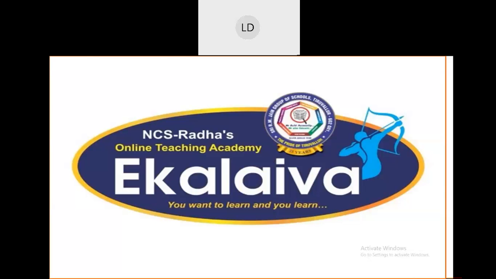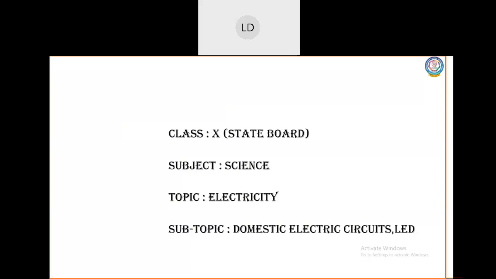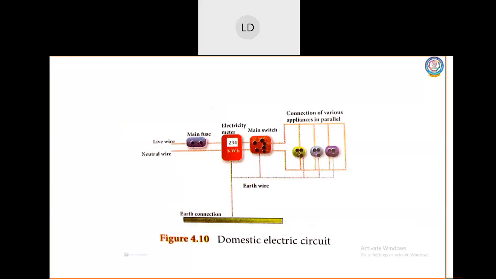Today we are going to continue with 10th science. The topic today we are going to cover is domestic electric circuits. In this we are going to see how electric circuit is connected or distributed to all the domestic and industrial consumers.